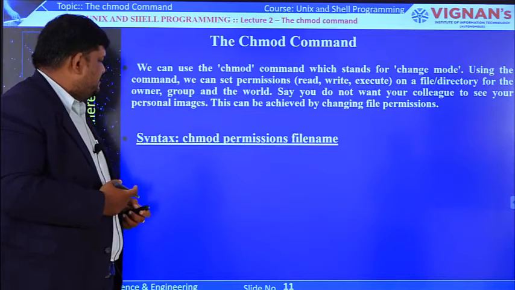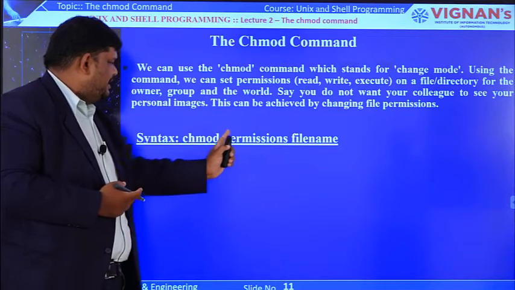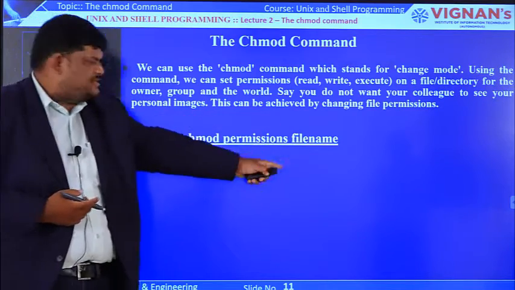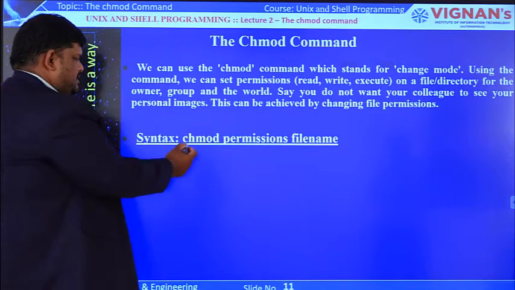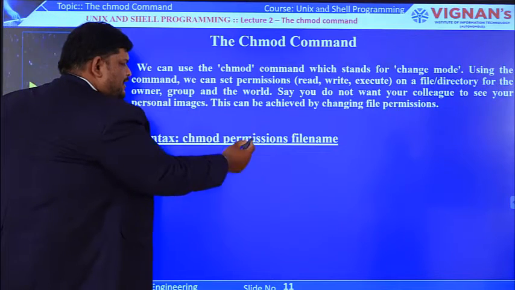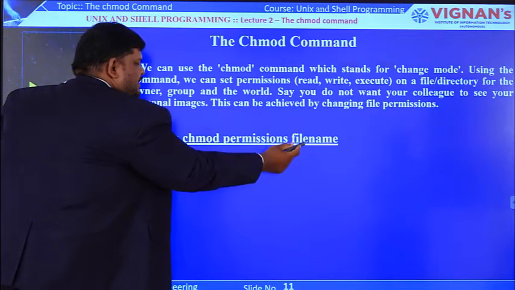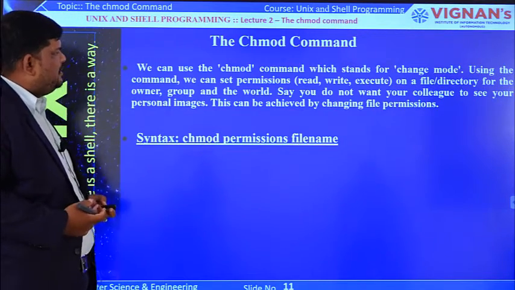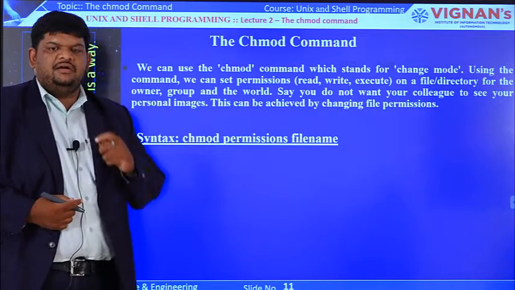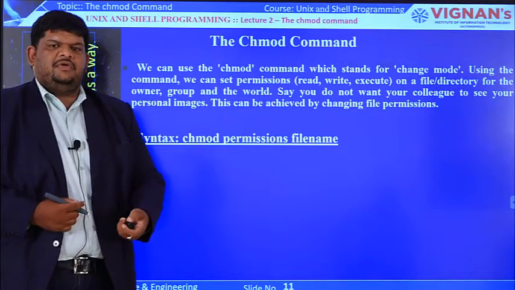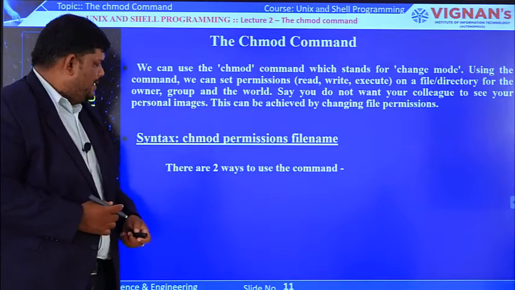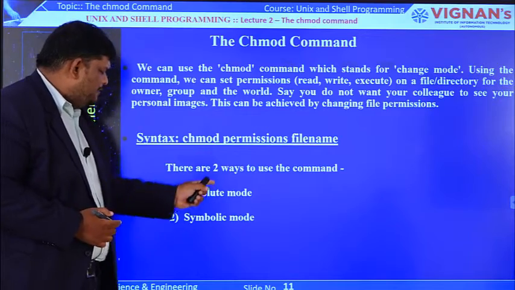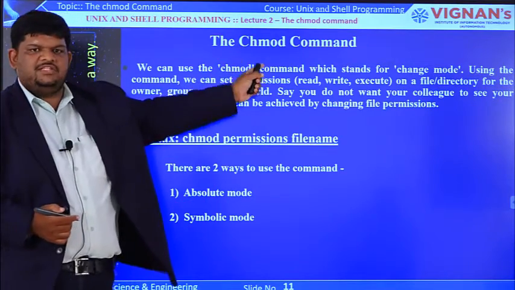The syntax is the chmod command, then the permissions, and then the file on which we are going to change them, that is the file name argument. We apply the change mode command in two modes: one is absolute mode and the second one is symbolic mode.